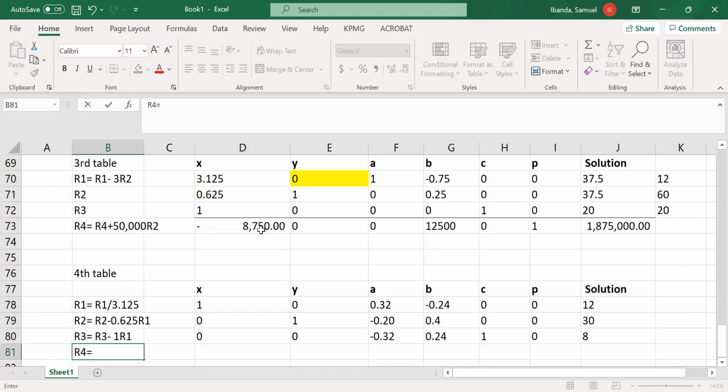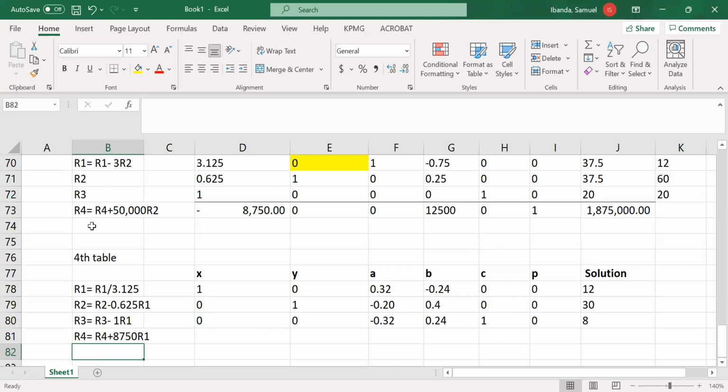We are going to get the current R4, which in this case here is negative 8750. So the old R4, okay, plus 8750 R1.